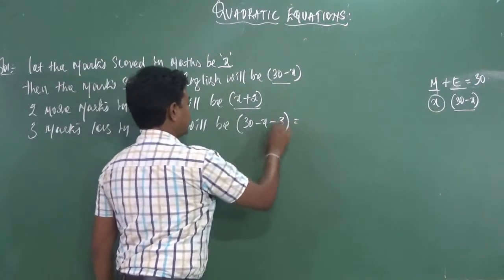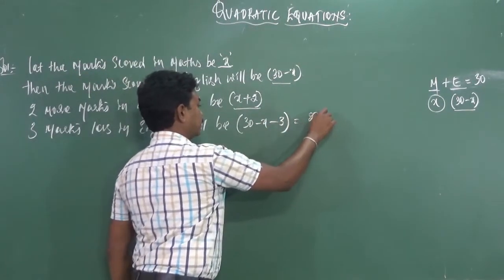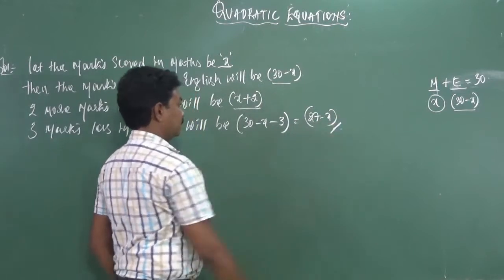So this becomes 27 minus x. So these are the marks.